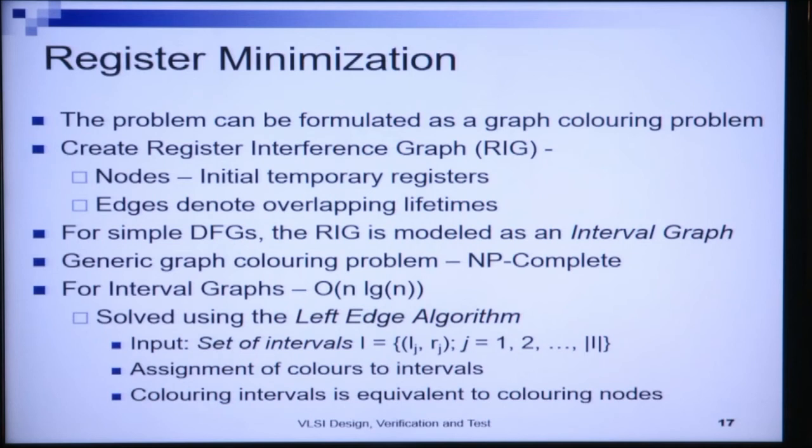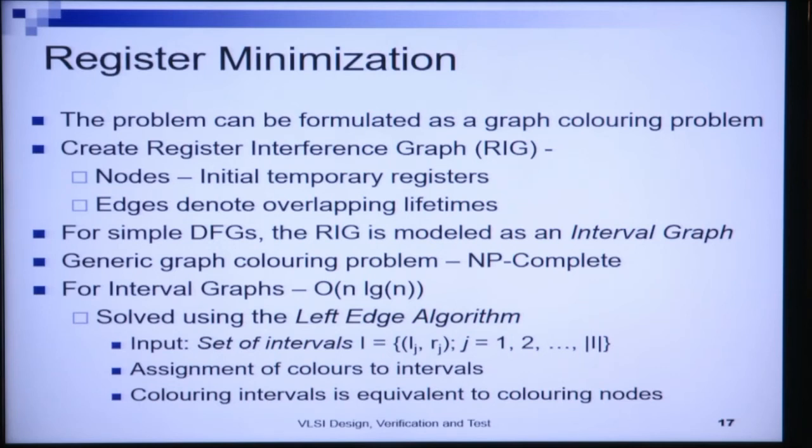The optimal graph coloring can be solved in polynomial time, and in fact in n log n time, because prior to the algorithm I need to sort the left edges of all the temporary registers in a list. So, what are the left edges? Left edges are the start times, the first definition times of the temporary registers.